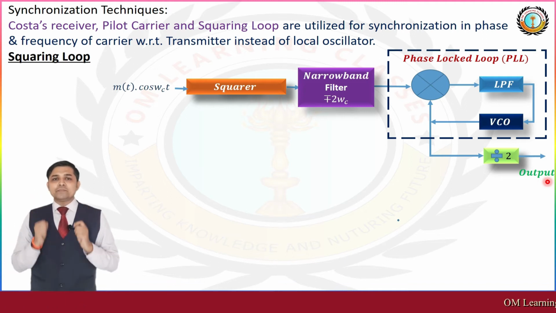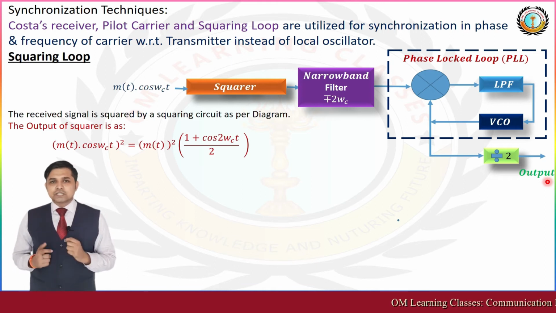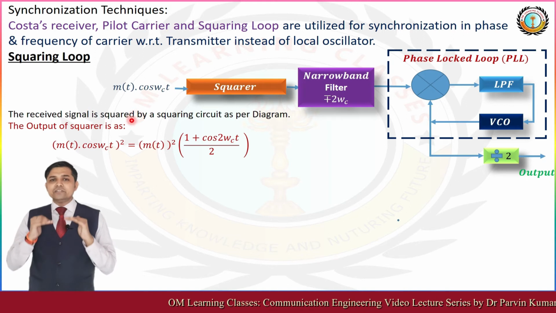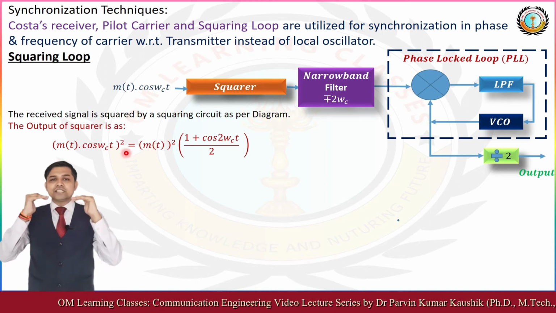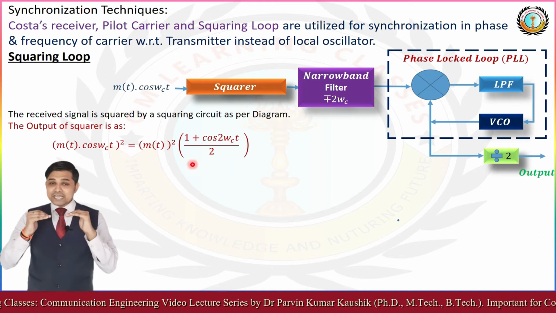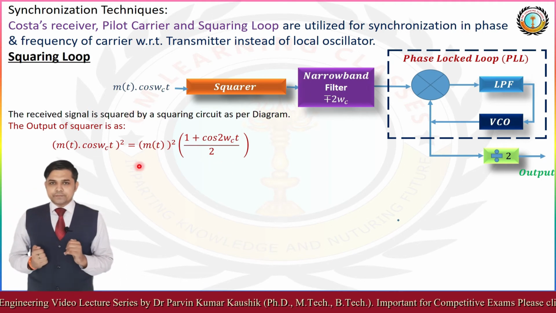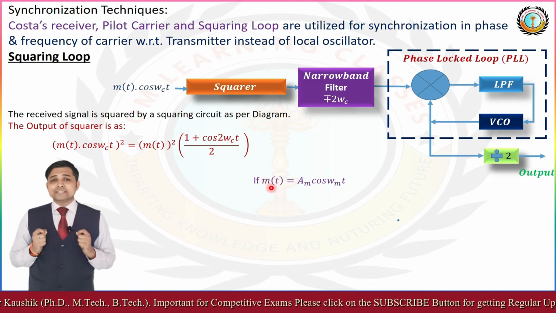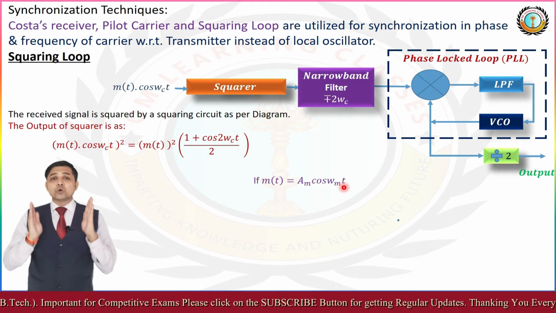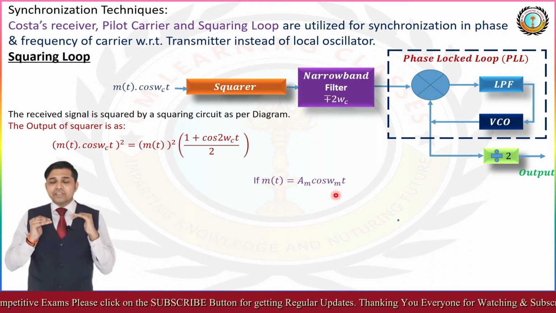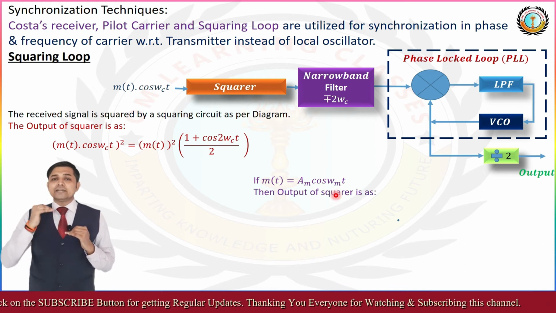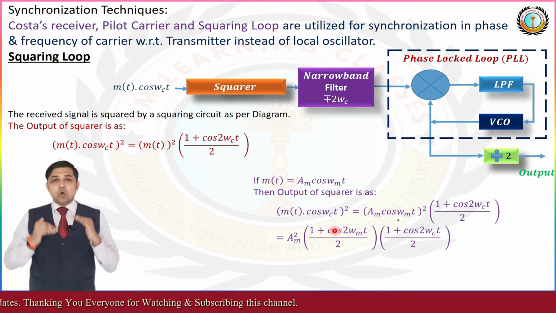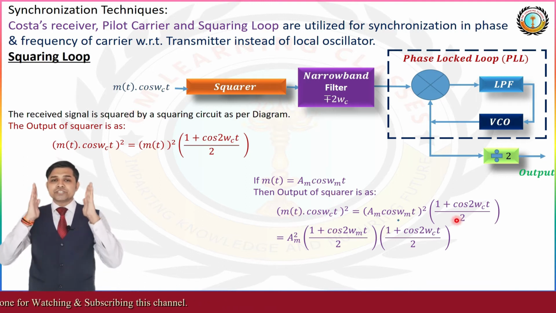Now, as per our mathematics, we first take the received signal, that is m(t) cos omega c t. Then we have the squaring of this received signal, and in squaring we have this equation. If we assume the m(t) signal, which is our modulating signal, is equivalent to Am cos omega m t, then we have the important understanding about the squaring functionality of this synchronization technique.